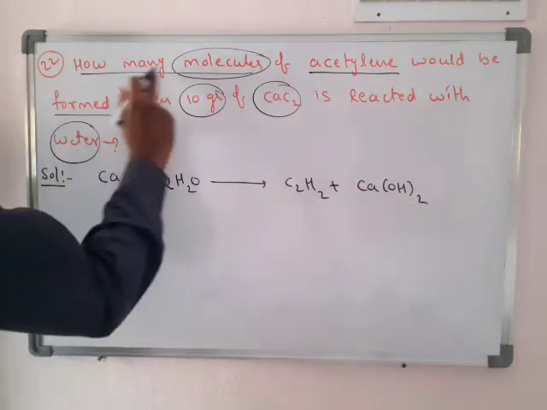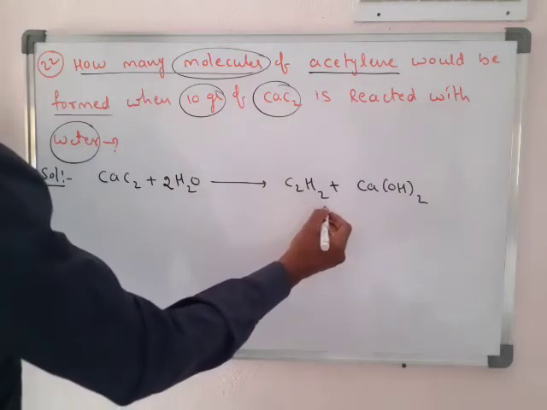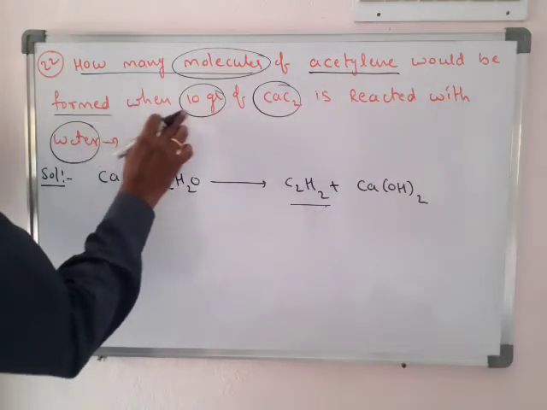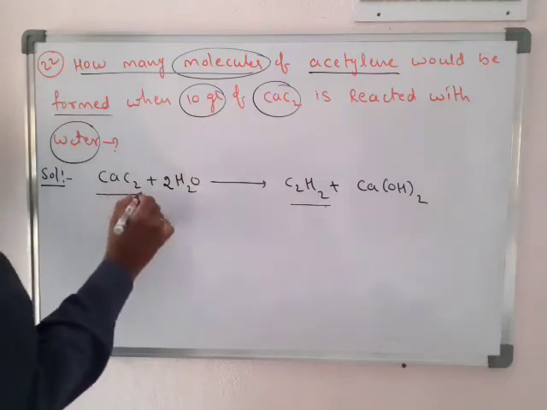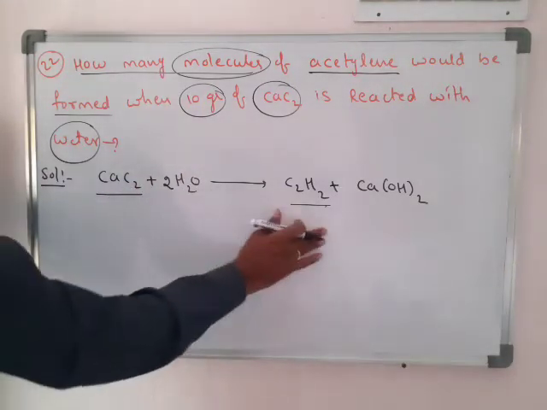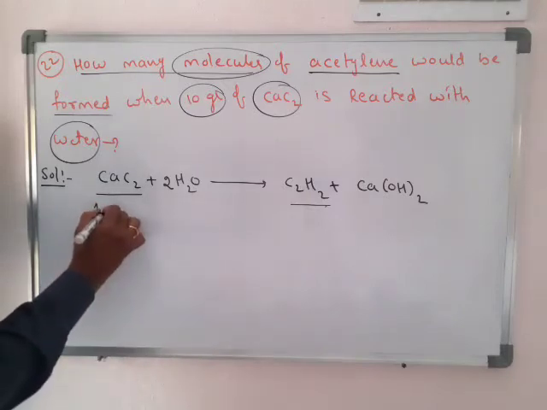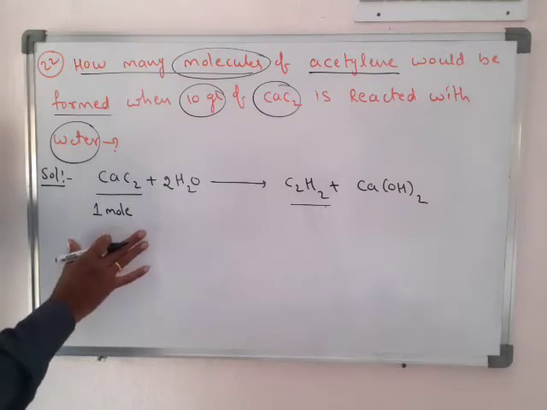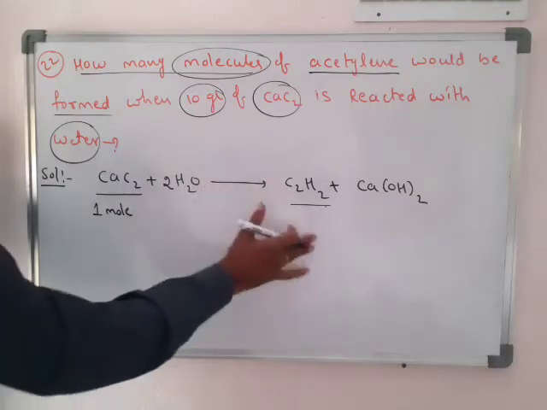So I have to find the number of molecules of acetylene formed from 10 grams of CaC2. The problem is between calcium carbide and acetylene. So first write the balanced equation, and the number in terms of moles which is given, which we have to find.